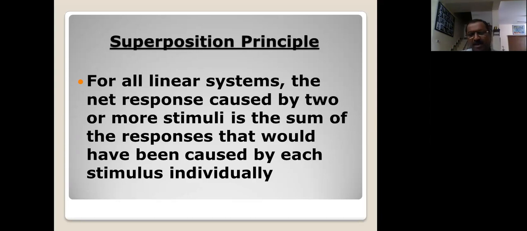Repeat the process 1,000 times. You will get 1,000 individual outputs, add them up. That is the thing. When we apply 1,000 inputs at a time, you will get that same response. So a complex problem is actually made very simple with the superposition principle.